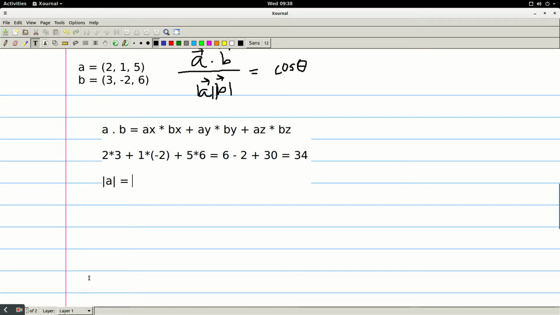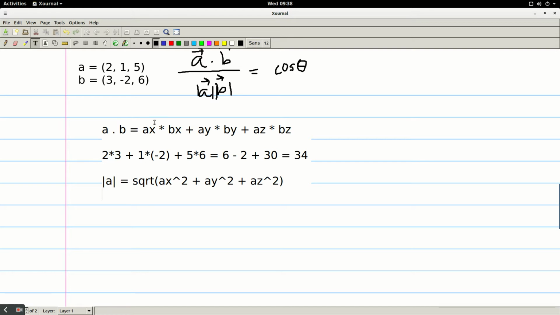Okay, so the magnitude of A, how do we find that? Square root of AX square plus AY square plus AZ square. This is how you find out the magnitude of any vector.